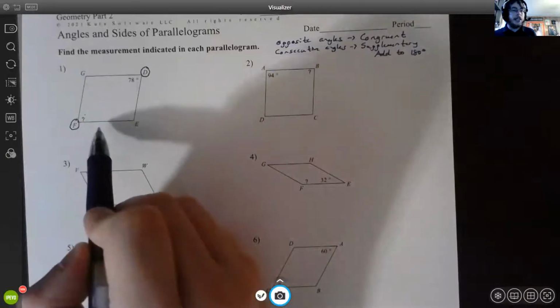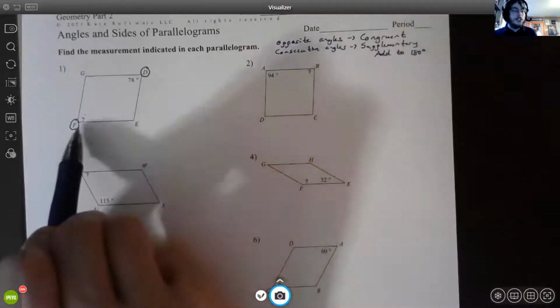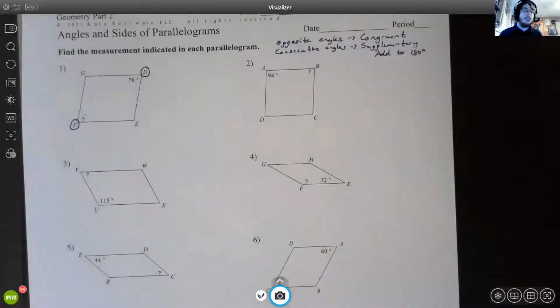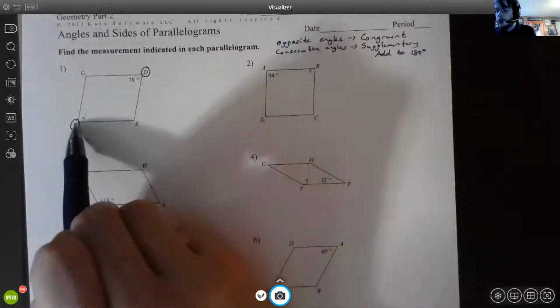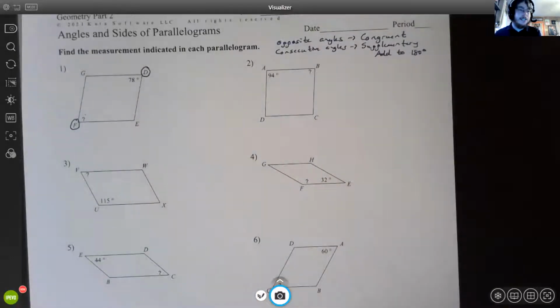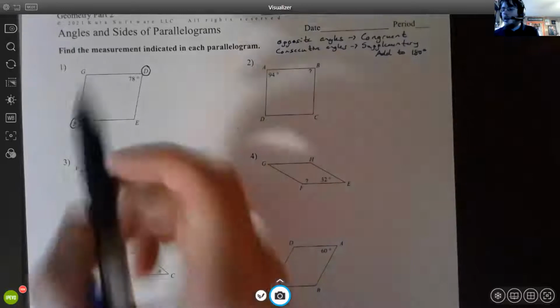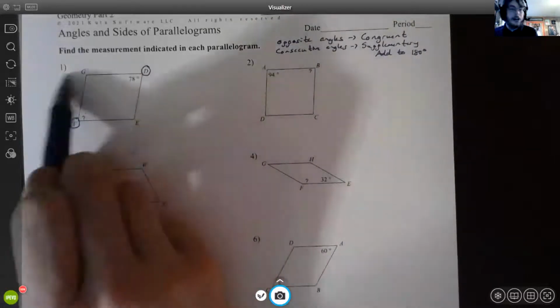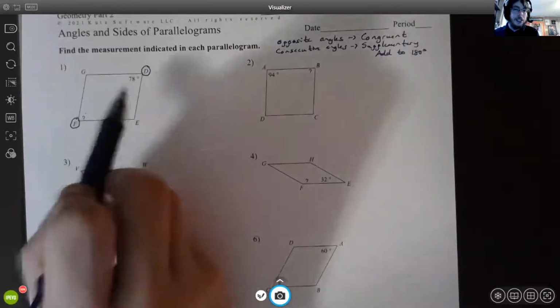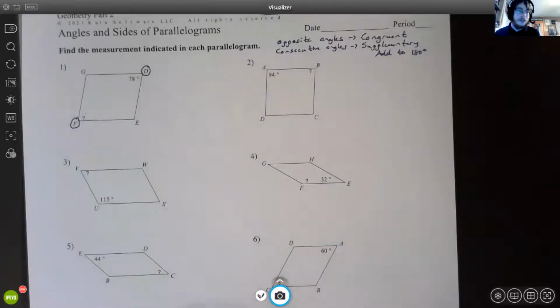They have to be sharing a side, okay? And so are F and D sharing a side in this case? Well, there is no line that goes directly from F to D, right? That would involve having to make a diagonal, and then it would still be non-consecutive because we're only concerned about the outside edge. So F and D aren't consecutive.